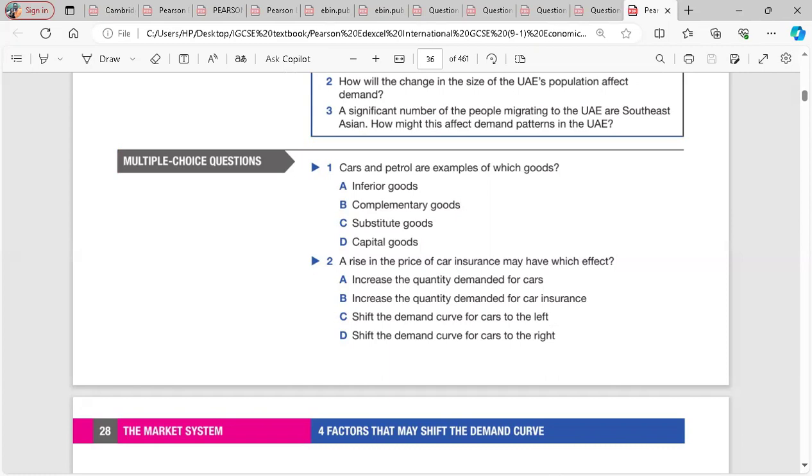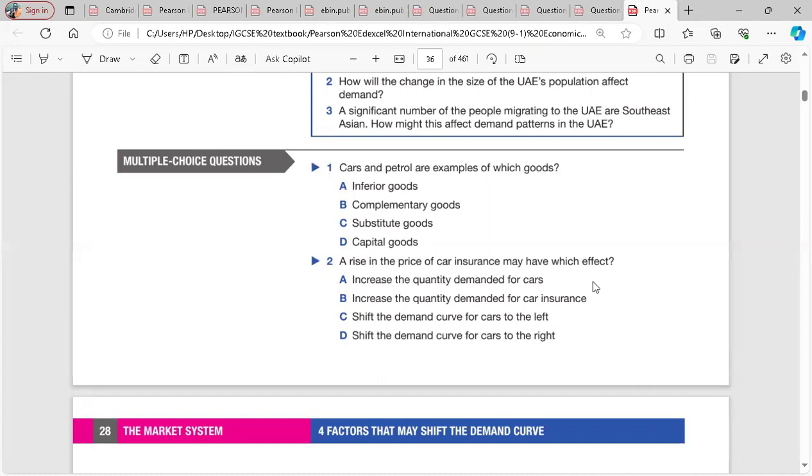Shift of the demand curve for cars to the left. C. Shift the demand curve for cars to the left. Yes.